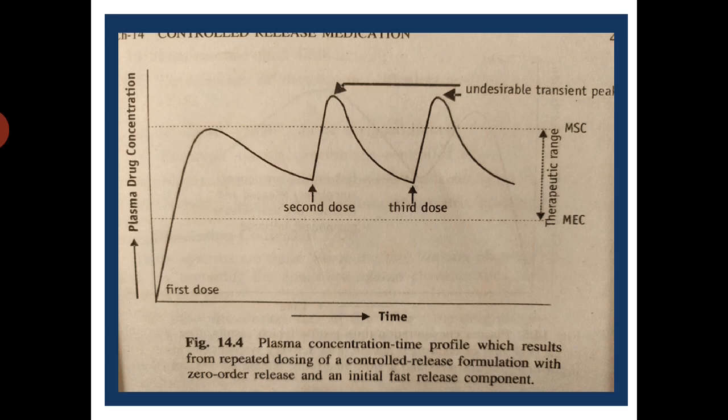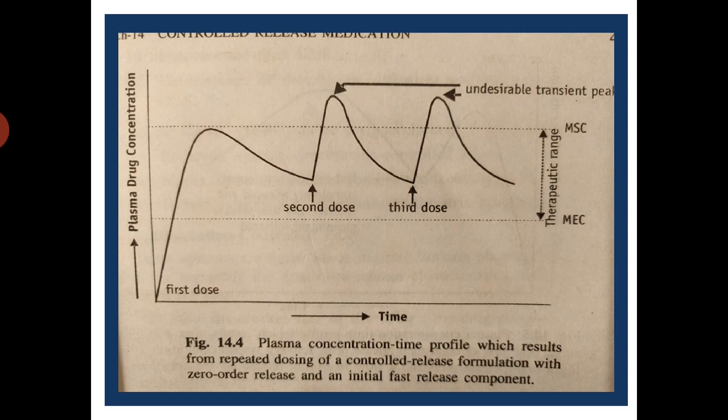The CR tablet slowly releases the drug molecule over 24 hours. From the next day onwards, the patient takes only the CR tablet. The CR tablet gives only what? Zero order release. This tablet gives the zero order release pattern. Because of the first IR tablet, the first conventional tablet the patient has taken, the plasma concentration has gone very high, and it helps in attainment of steady state concentration within a shorter period of time.